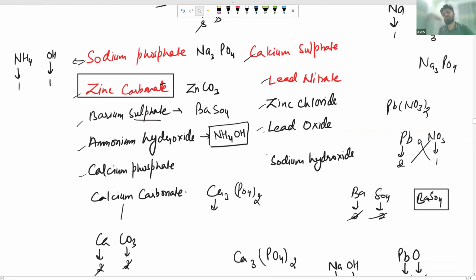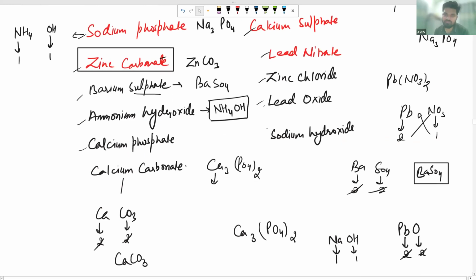What's the formula for calcium phosphate? Ca3PO4 the whole twice. Yes, it will be this one. Calcium phosphate is written here: Ca3PO4 whole twice. Why? Because calcium has valency 2 and phosphate has valency 3.